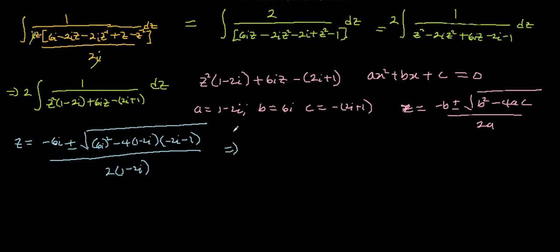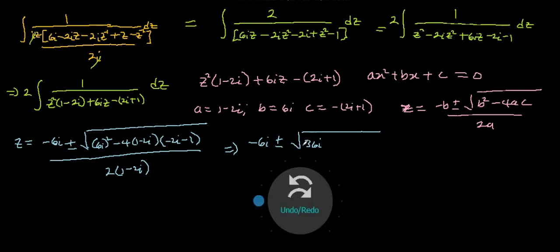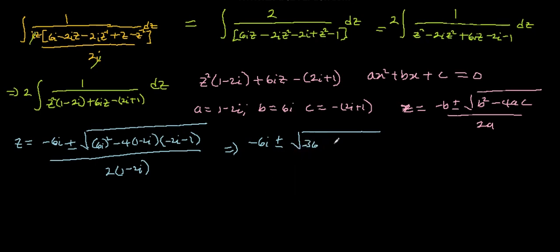So let's solve this further. We're going to have minus 6i plus or minus the square root of 36i squared, that is minus 36. Let's write it directly, minus 36 here, then this is minus 4, so let's put it this way, 4 minus 8i multiplying minus 2i minus 1, divided by 2 minus 4i.